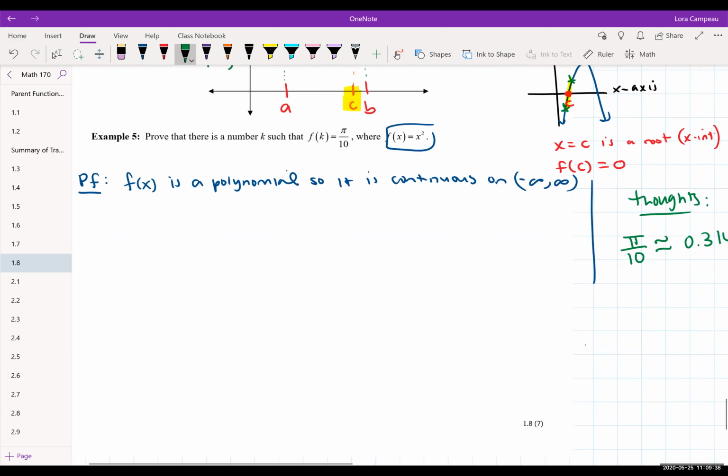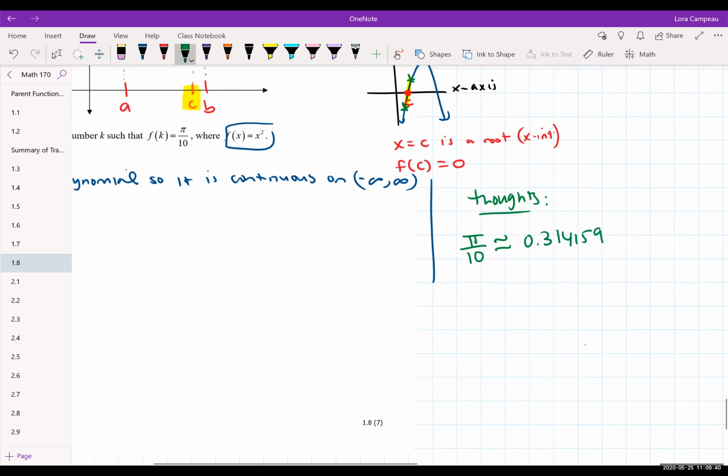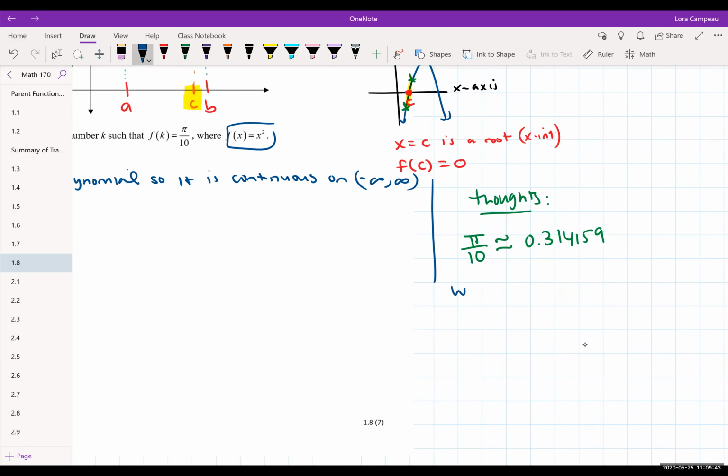So my thoughts: item number 1, I want this y value f of x to be greater than pi over 10. And item number 2, I want f of x to be less than pi over 10. Basically, I want you to be above pi over 10 and below pi over 10.